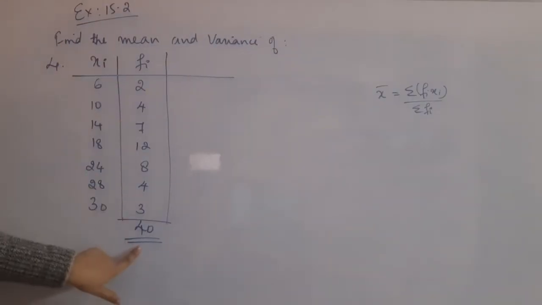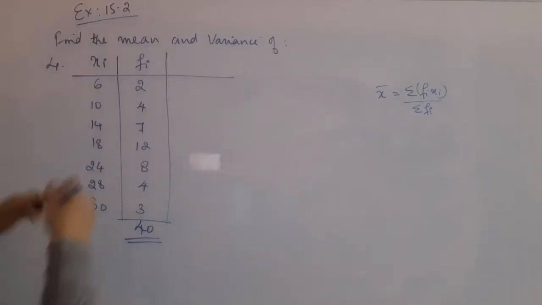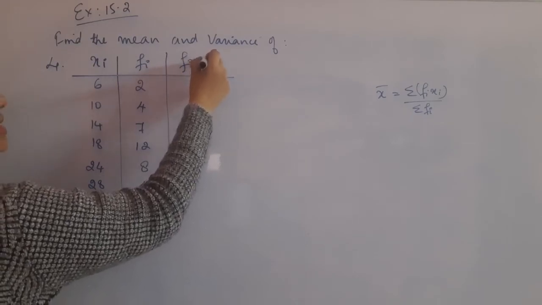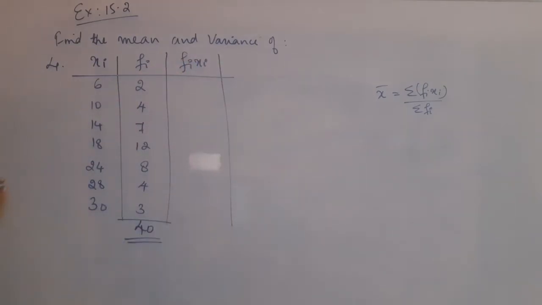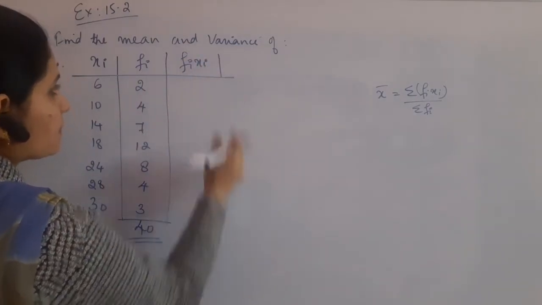Sigma Fi is 40 in this fourth question, and we will use X bar. That means first column which we need for this information is Fi Xi. Fi Xi will help us to find out X bar first.